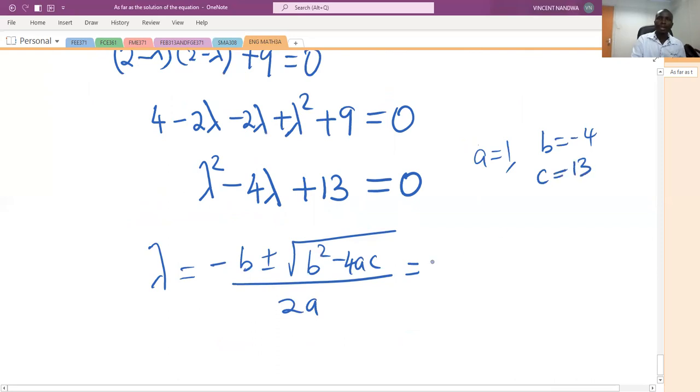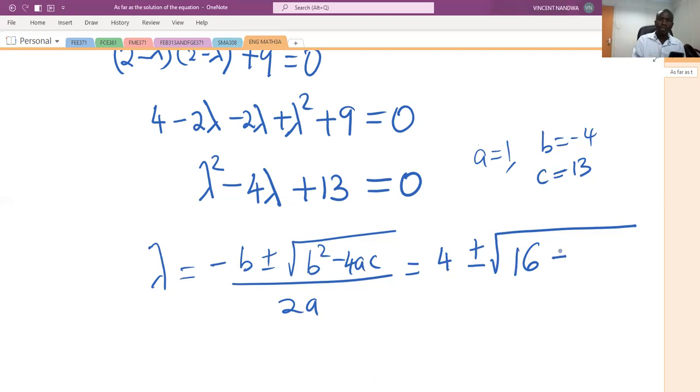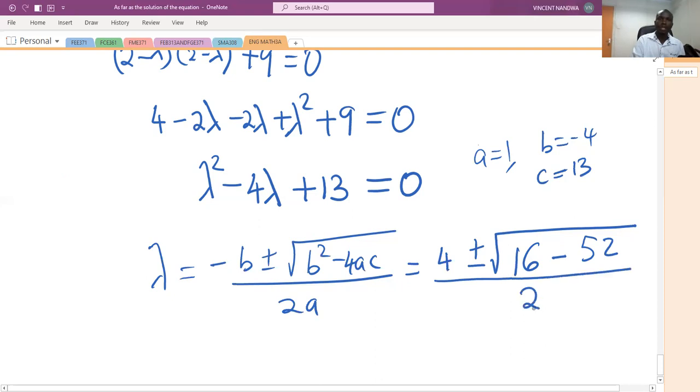So minus b will give us positive 4, plus or minus the square root of b squared, which is 16, minus 4 times 1 times 13, which is 52, divided by 2 times 1, which is just 2. 16 minus 52, you get minus 36.